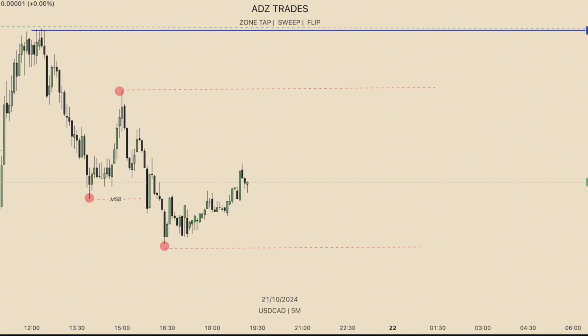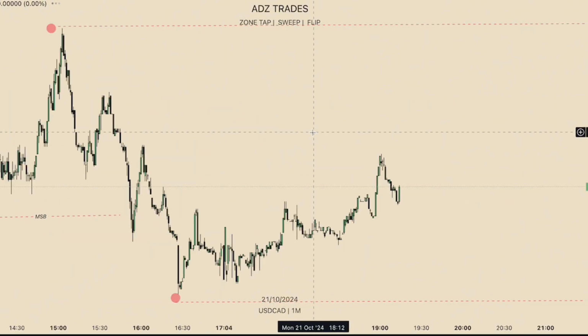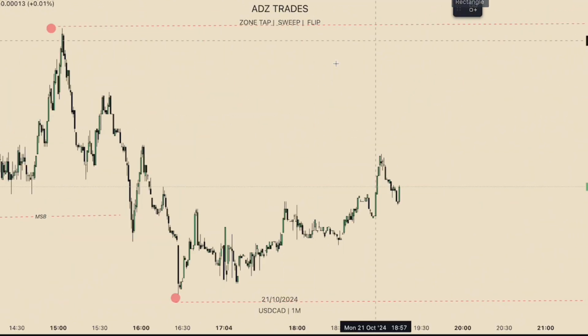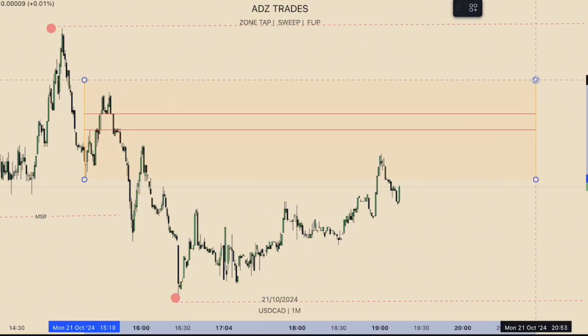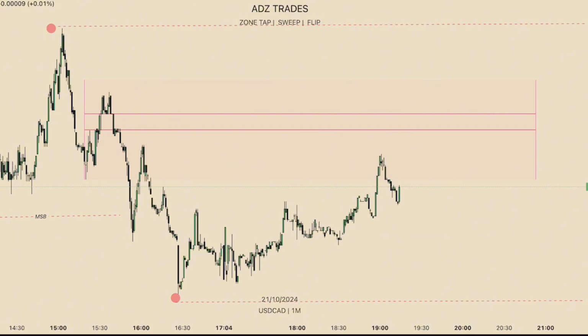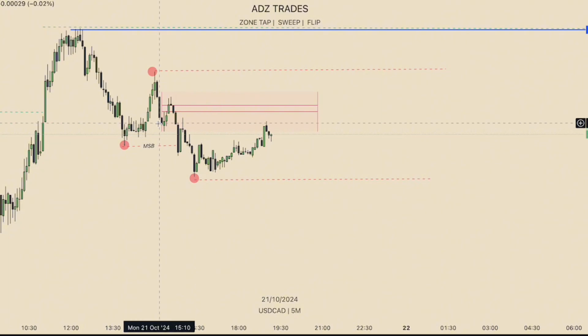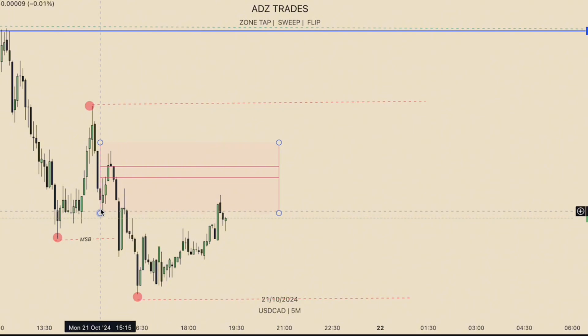Now, what areas, what point of interest can we use? Well, I can go on the 1 minute and I can look for a zone. So I'm looking for a 6 tap, and I can see we have this beautiful area here. Okay, this bearish area. Why is this area nice to me? Well, if I go on the middle time frame, I can see this is the supply responsible for breaking the structure, as it's the last up to down move before taking out this low.